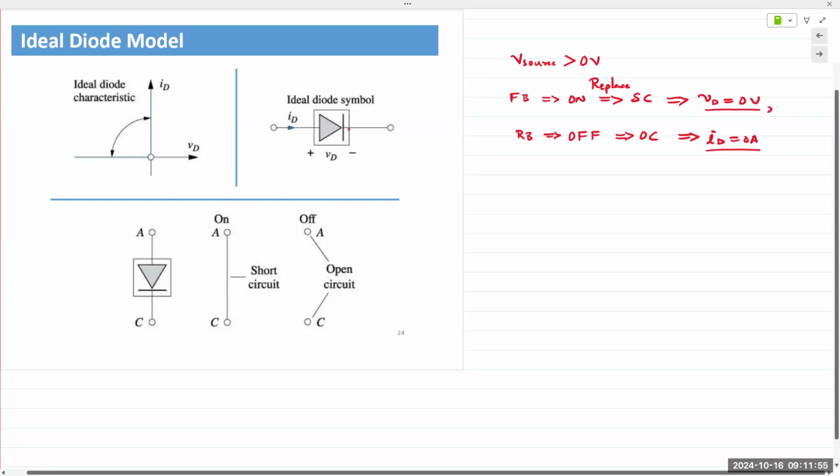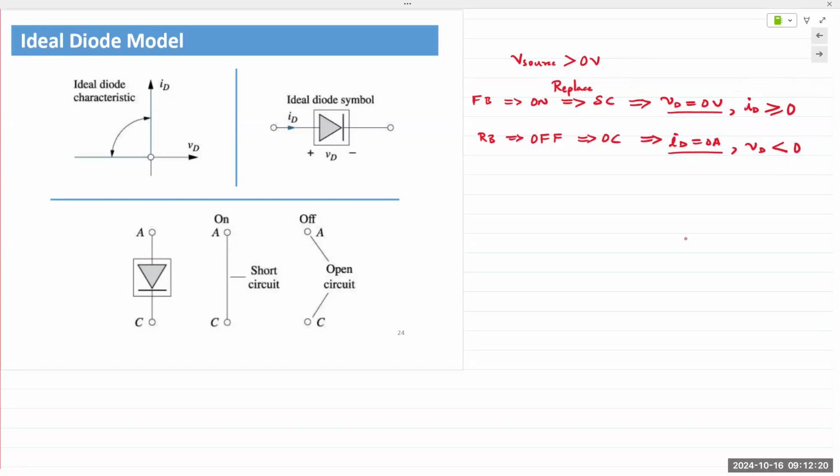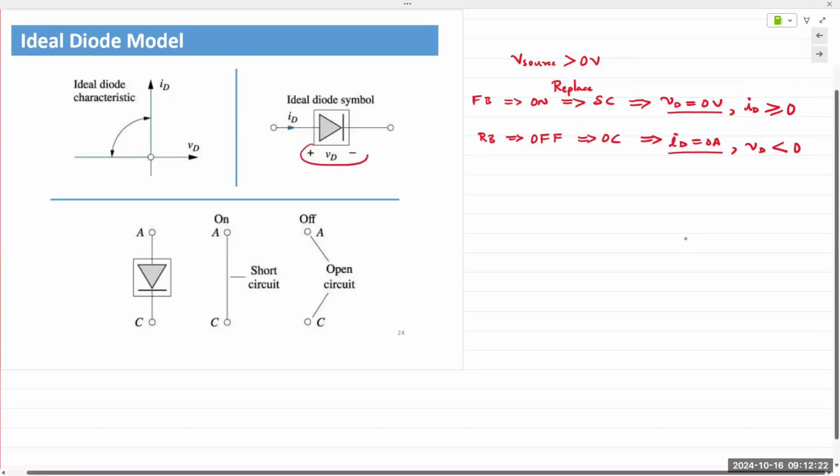Also, for forward bias, as a result of the diode voltage being 0, we can say that the current must have some positive value, greater than or equal to 0. And here, VD would be less than 0 or negative. Remember, VD is always measured with a positive reference at the anode.